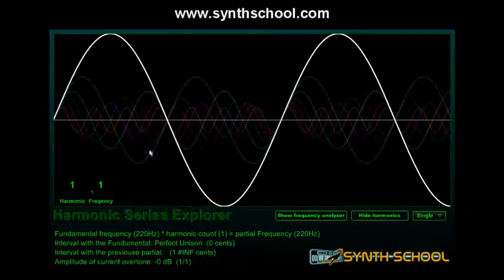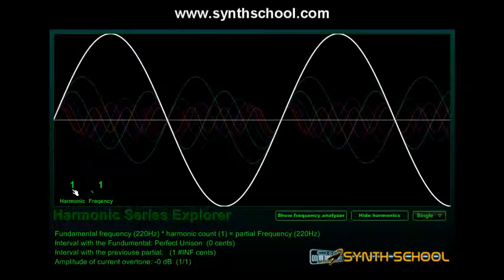The second harmonic has 2 cycles per 1 cycle of the fundamental frequency, and because of that it starts and ends at the same point. And it's the same with the third harmonic, which has 3 cycles per 1, or here we have 4 cycles per 1, and you can actually follow it, it's pretty accurate. And so on to infinity.